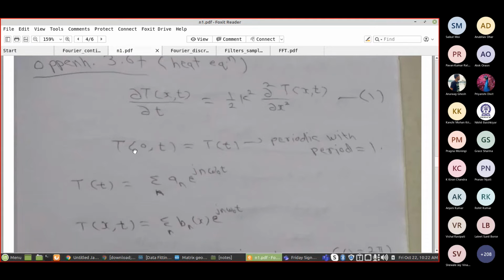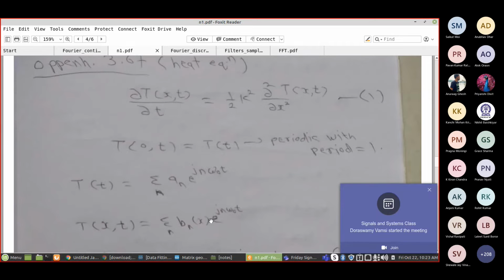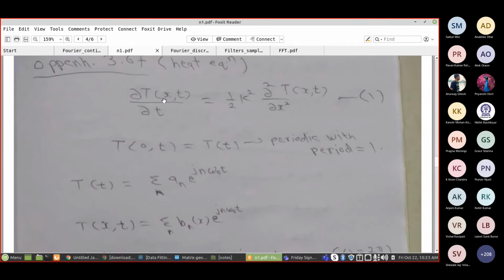We are assuming that the temperature profile as a function of both x and t, we can write down as a coefficient which is a function of x times this complex exponential. So we are doing what is called separation of variables. This kind of trick may not work for all PDEs, but we are assuming the solution is of this form, and later on we will see that we do get consistent solutions.